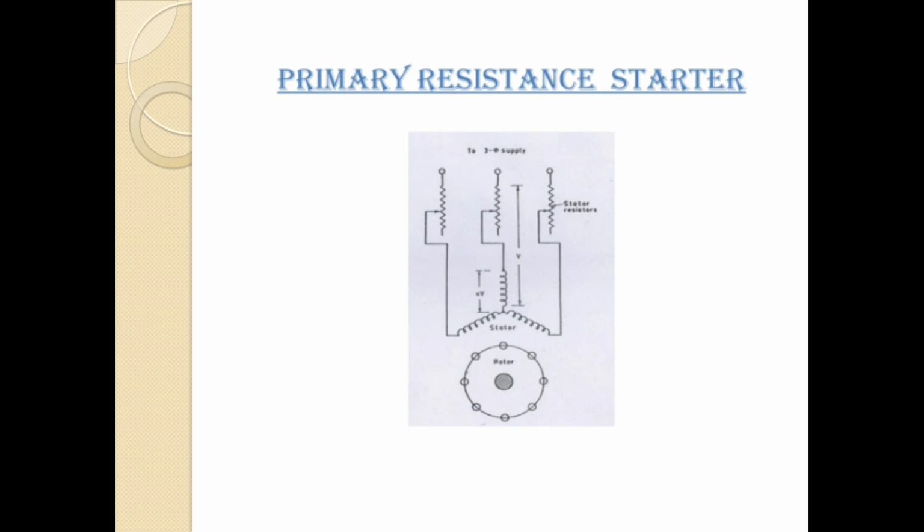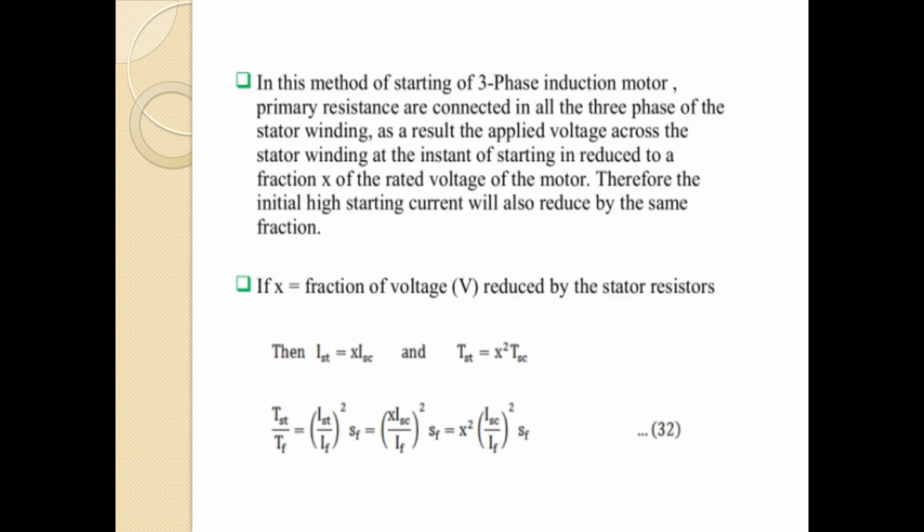The relation between TST and TFL: the reduced per phase voltage is xV1. Starting current IST is xV1 divided by ZSC. Then V1 by ZSC value is ISC, so x ISC. The advantages of primary resistance starter are smooth acceleration, high power factor during start, less expense, and closed transition starting.